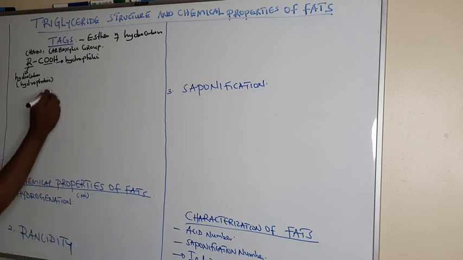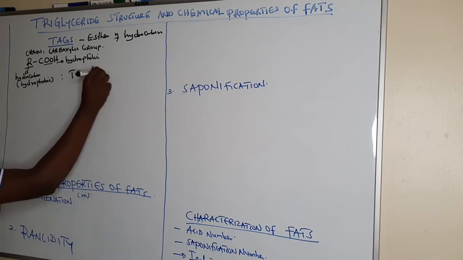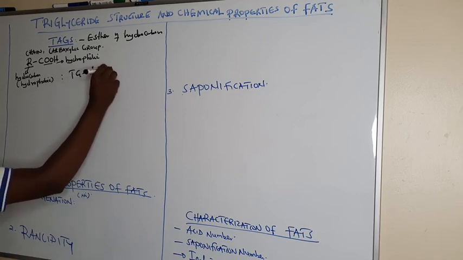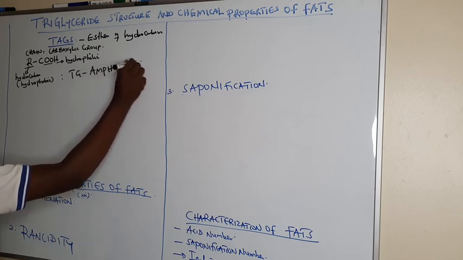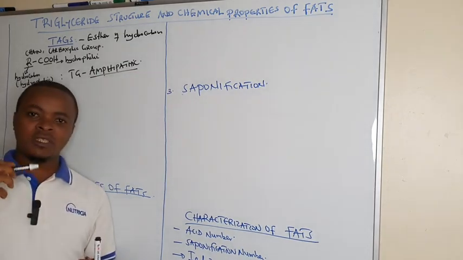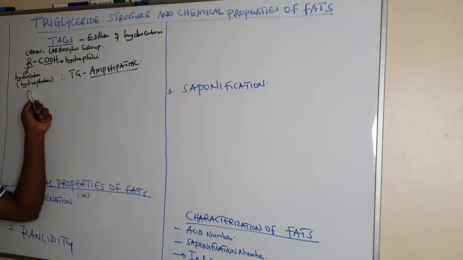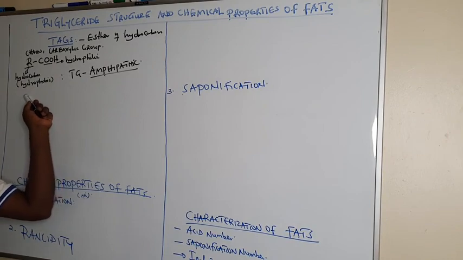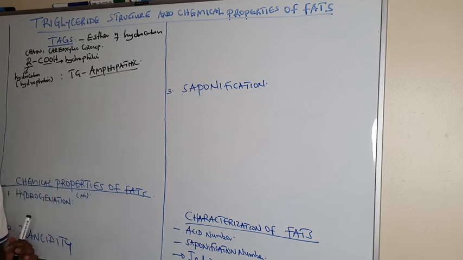And that's why we end up by saying that the triglycerides are amphipathic. Why do we say it is amphipathic? Because it contains both the hydrophobic chain, which is a hydrocarbon chain, together with the carboxyl group, which is hydrophilic.